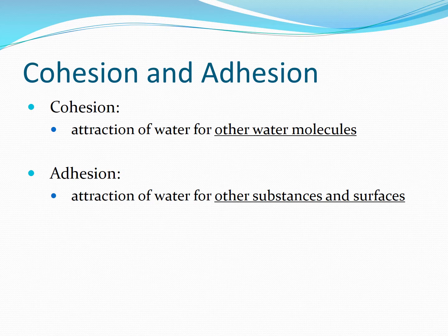So adhesion is where water sticks to the surface of a soil particle, or water sticks to the surface of organic matter, or water is on the surface of a table. This also helps explain how water is able to literally crawl up the sides of soil pores, and we'll talk about that in a little while.